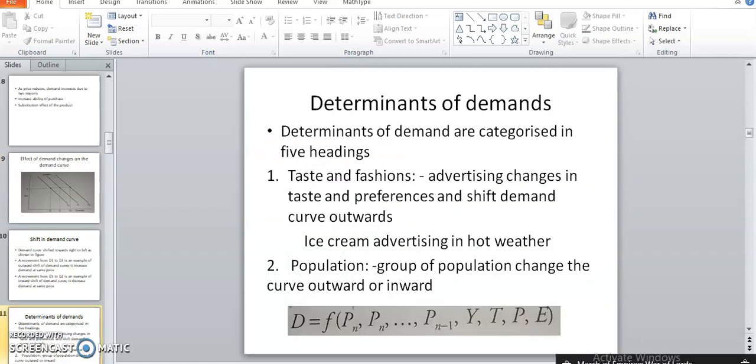The determinants of that particular demand are, first, taste and fashion. Advertising changes taste and preference, and shifts the demand curve outward.